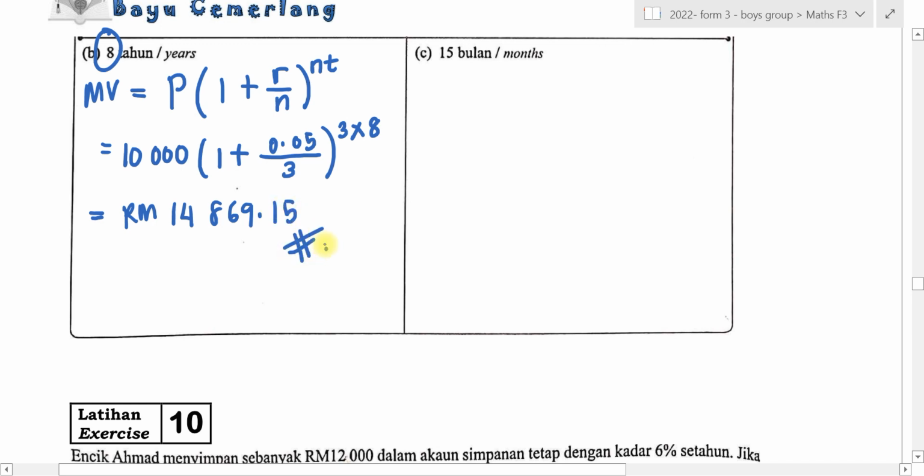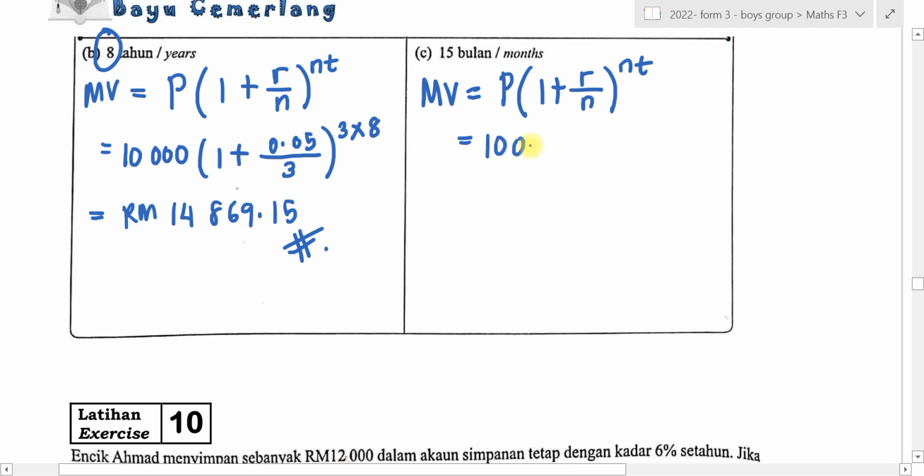Next one, Tan, going to help me. Okay, Tan, what is the formula? Matured value equals principal, bracket 1 plus rate over N, rate over number of times compounded, close bracket, power of N and T. Okay, good.